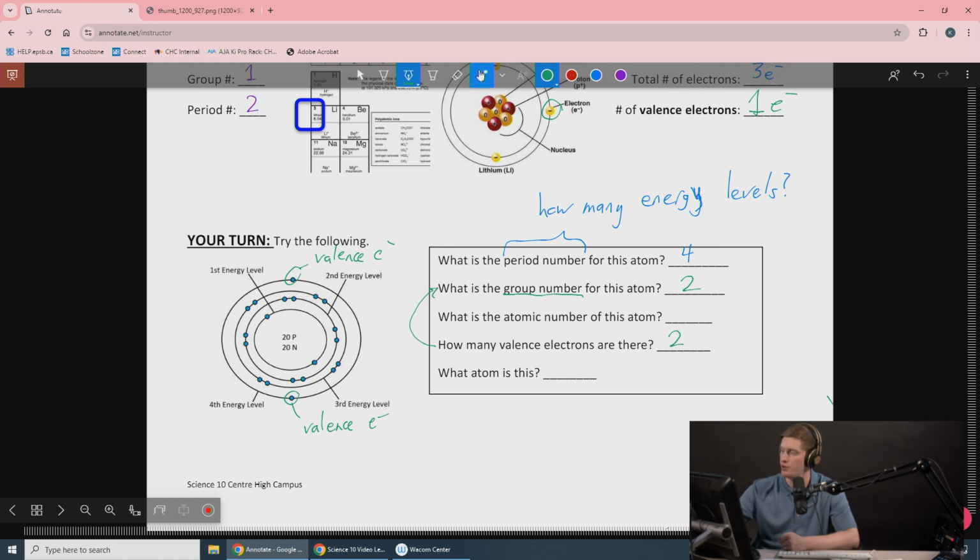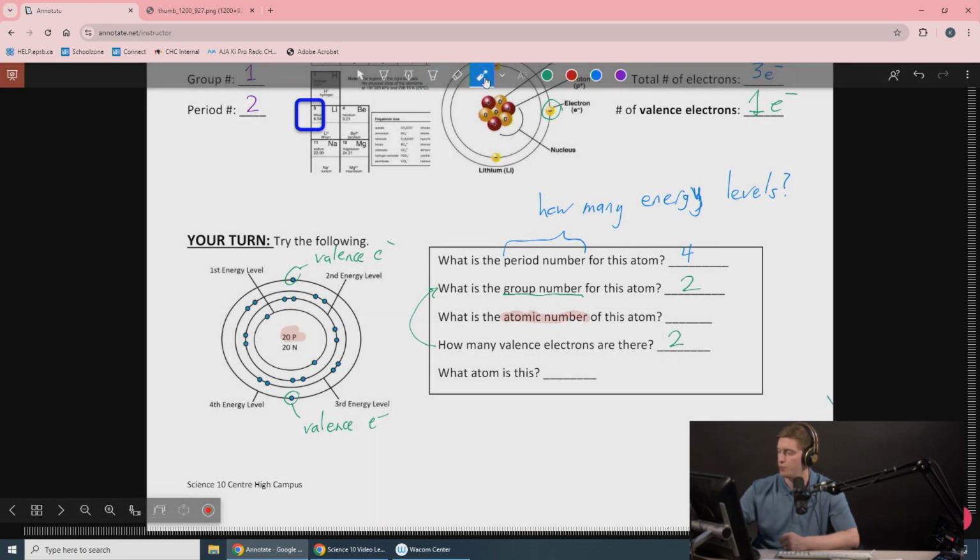Another way that we could have gone about this is by looking at the nucleus. This Bohr diagram in the middle here shows the nucleus and what you would expect to find there. You'd expect to find 20 neutrons and 20 protons. Remember that the number of protons is the same as the atomic number.